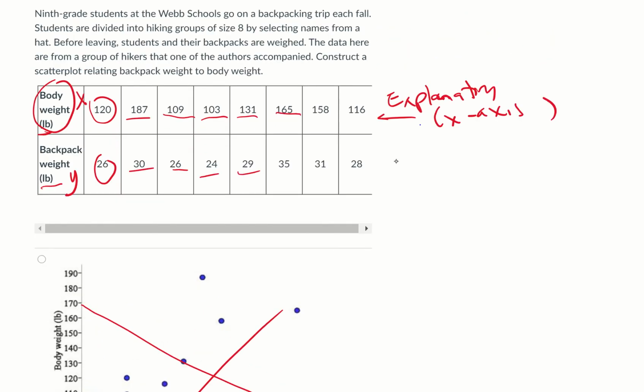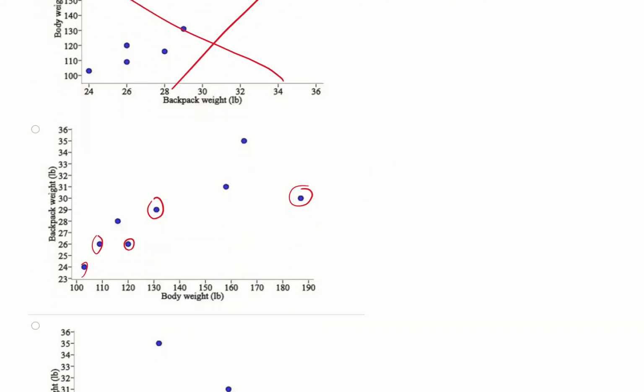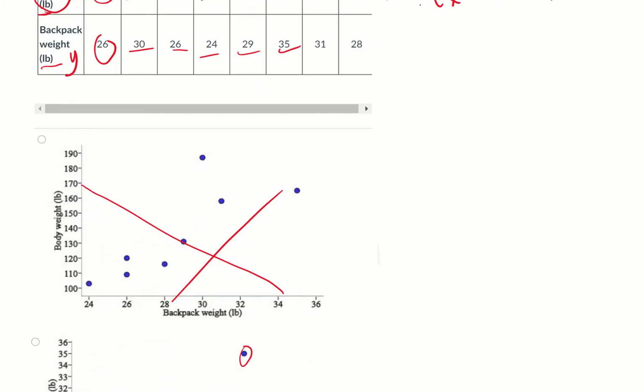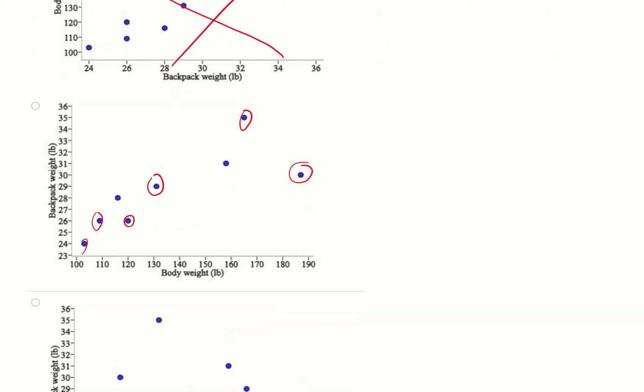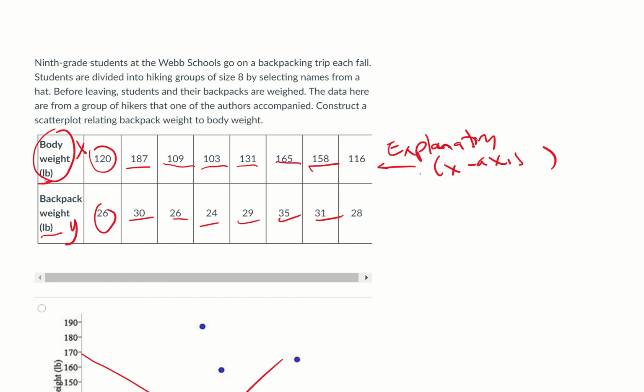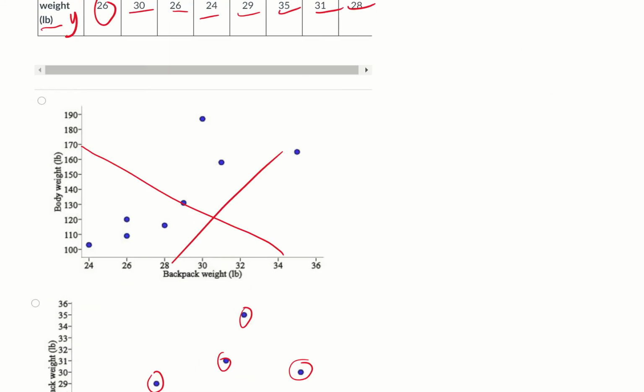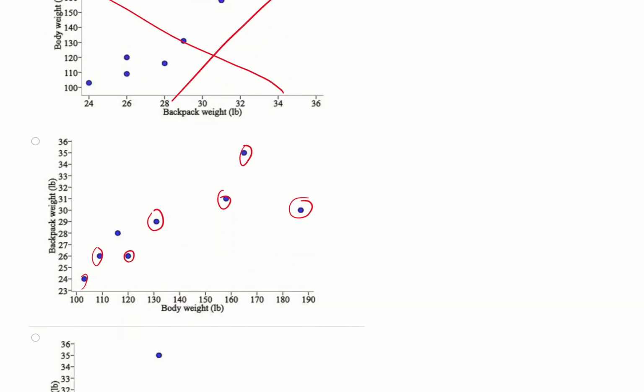And we'll go ahead and verify all these points are good. 158, 31. 116, 28. Okay, so that looks really good.